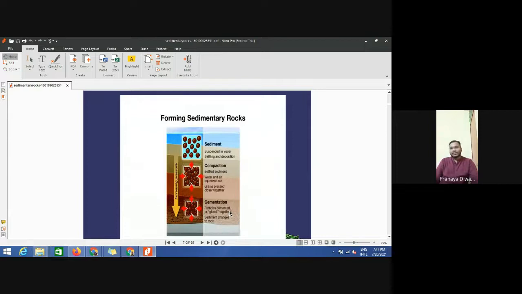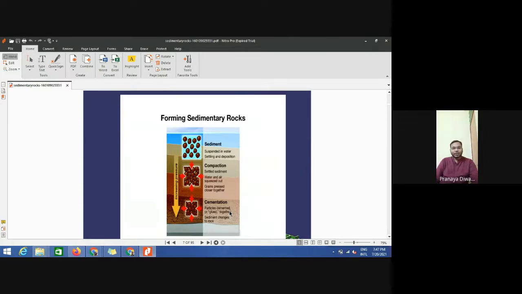When the sediment gets into water action, it is suspended in water, settles and is deposited. Then you have a compaction process. After the compaction, you have cementation. What is meant by cementation?